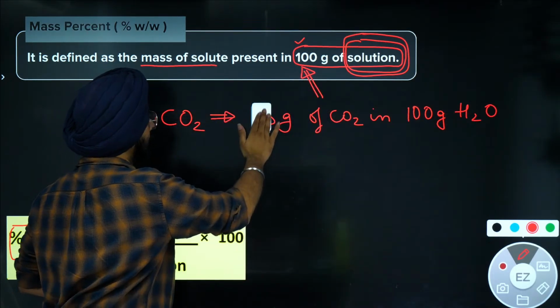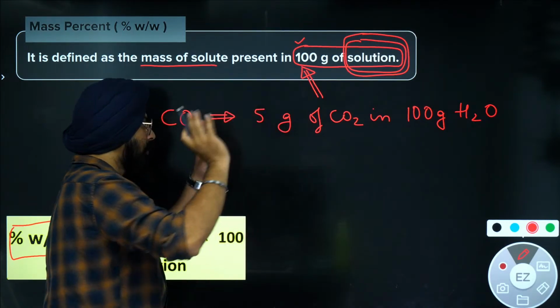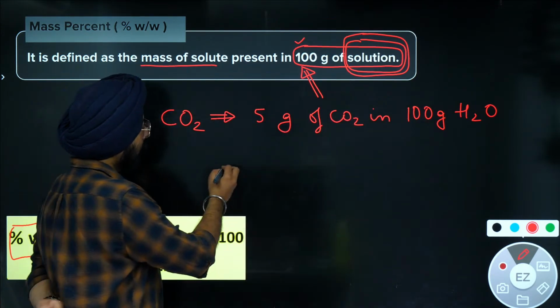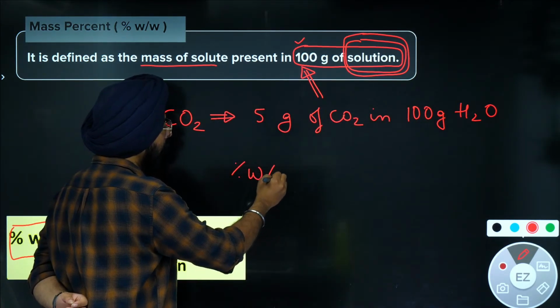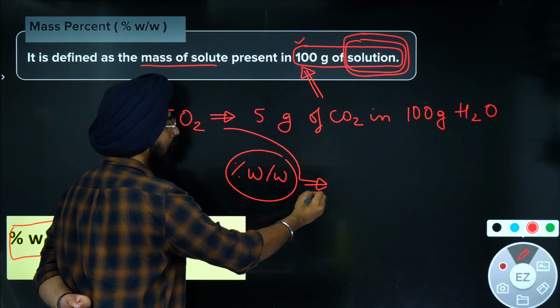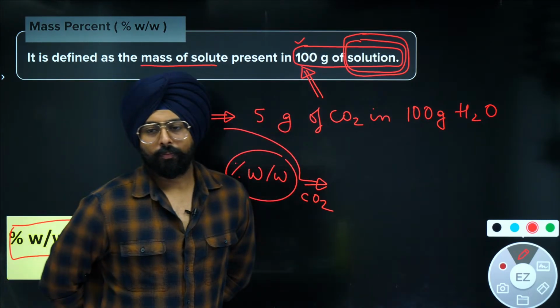Let's leave that, why 88 grams? Let's make it simple. Let's say I dissolve 5 grams of CO2 in 100 grams of water. Very simple. Can you tell me what is the percentage weight by weight of this particular mixture? What is the percentage weight by weight for CO2 over here? Can you tell me?